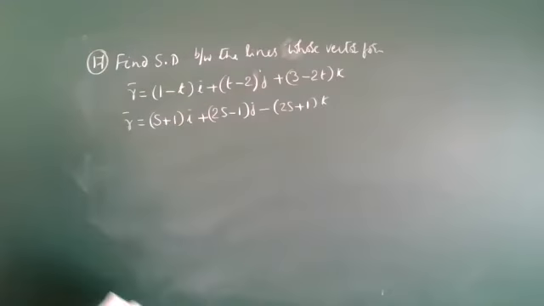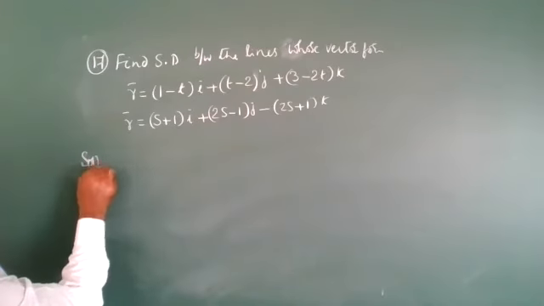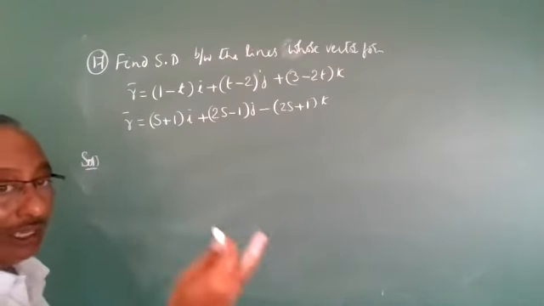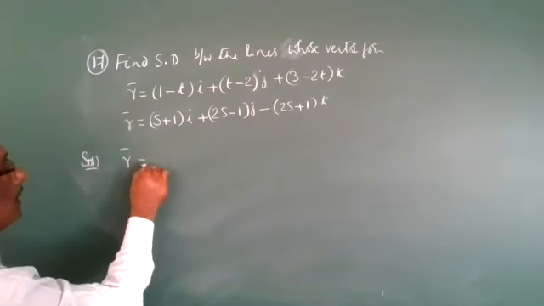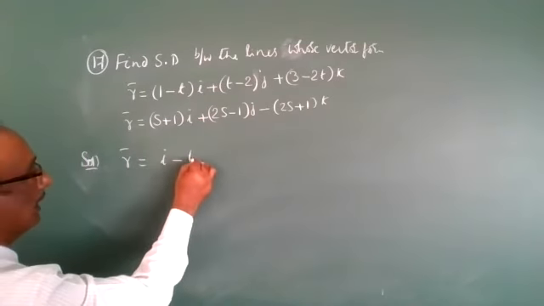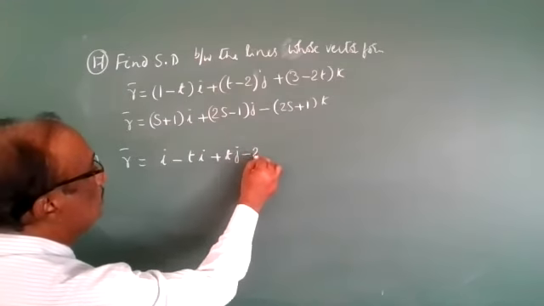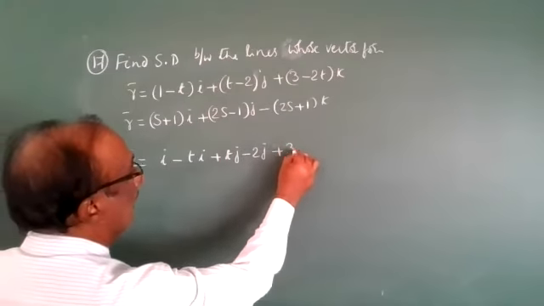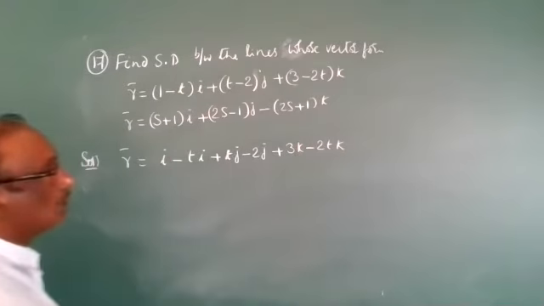Right, everyone see. First write down the lines in the correct form: r bar is equal to a1 plus lambda times b. First, r bar is equal to i minus t i, plus t j minus 2j, plus 3k minus 2t k.